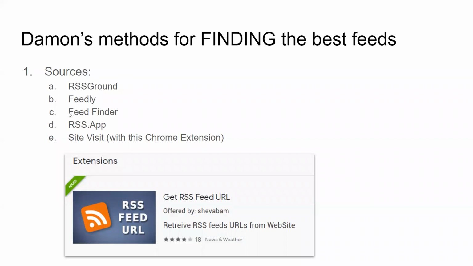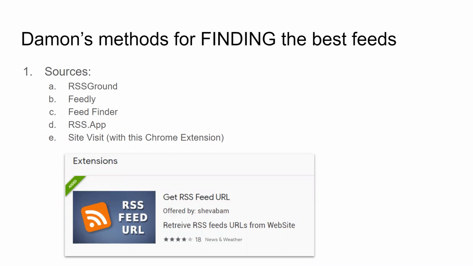Then we're going to do a software application that I still use, though not as frequently, Feed Finder by Deborah Allen. And then there's this new app. It's okay, but it does Google News. The problem is it cuts the description down to one or two sentences. And then we'll visit the site itself.